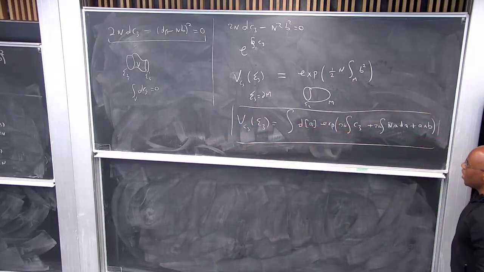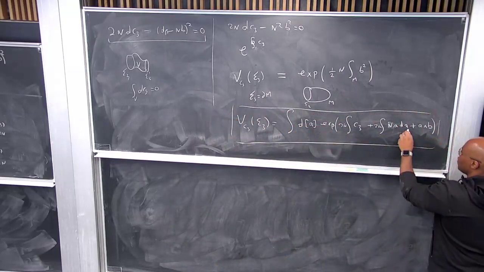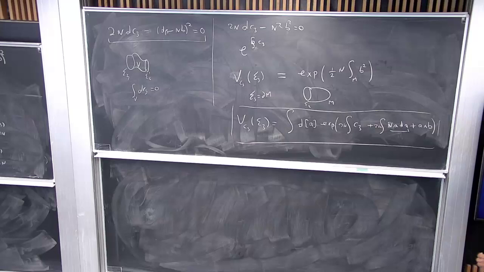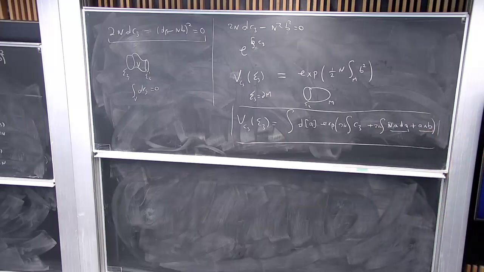And what this operator does is that here what you have is a Chern-Simons theory that is coupled to the bulk with this B field.